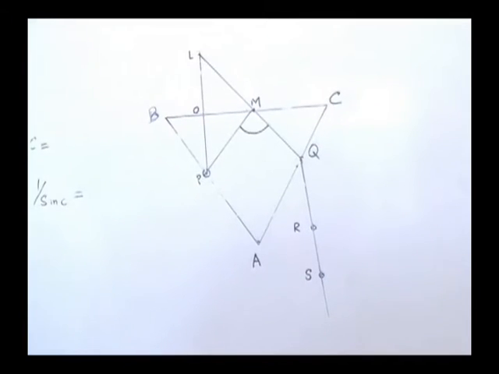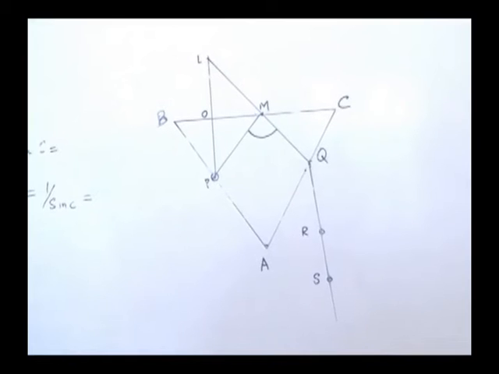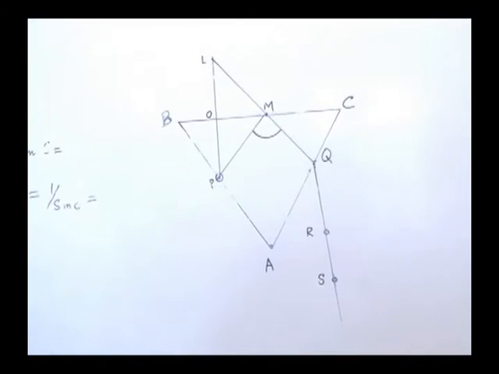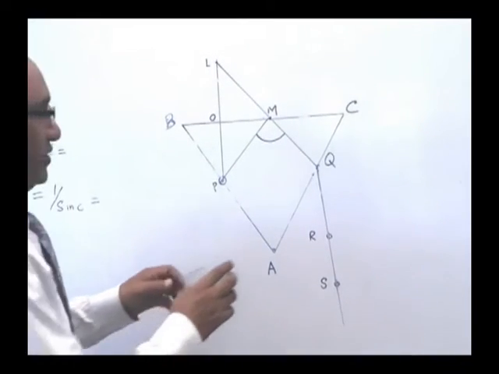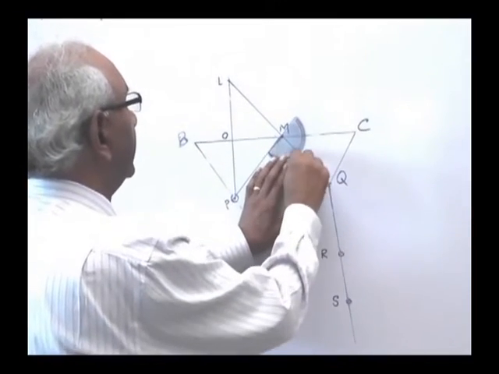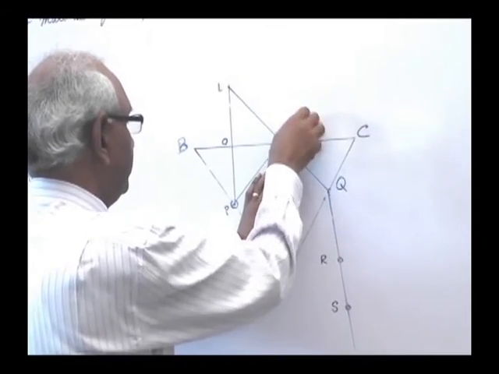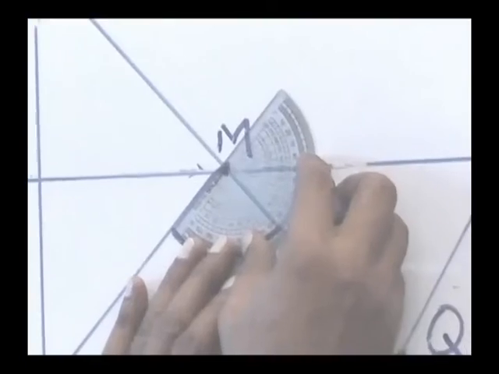The angle formed at M, that is PMQ, can be measured using this protractor, and this angle is equal to angle PQM.